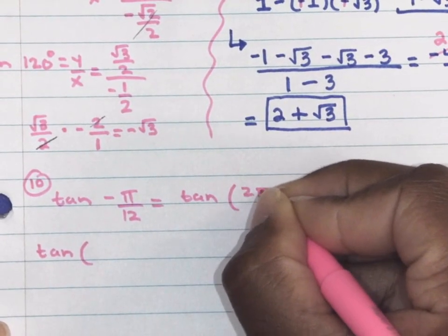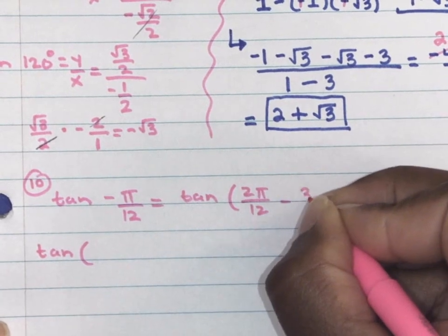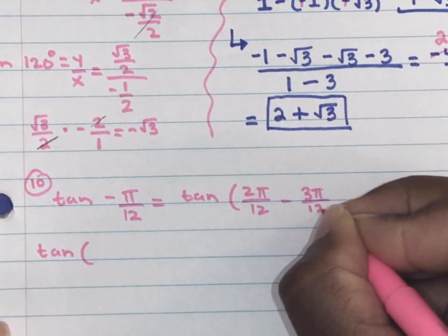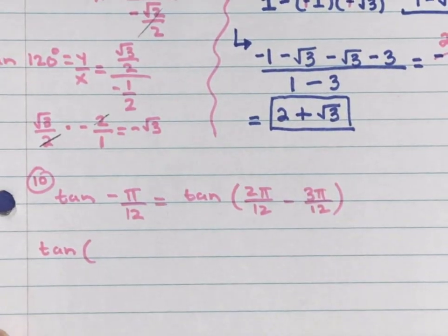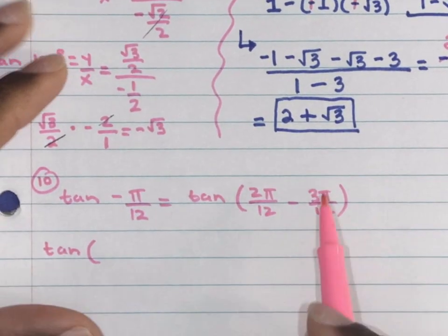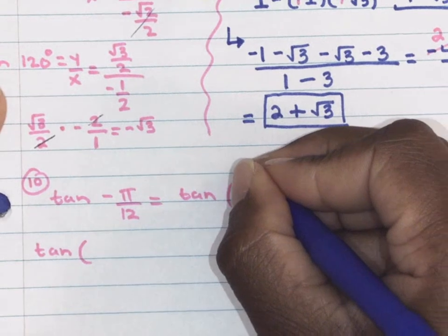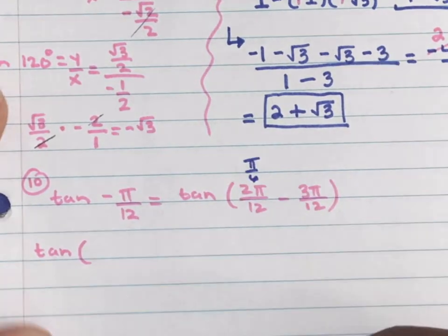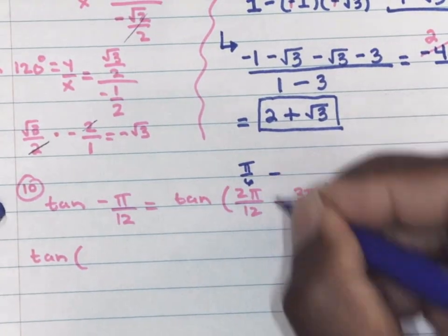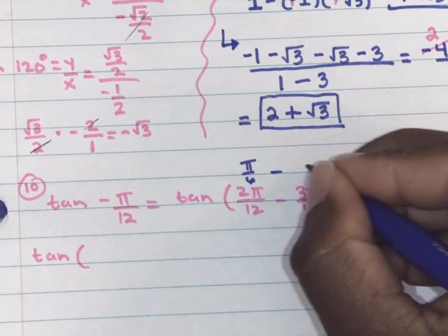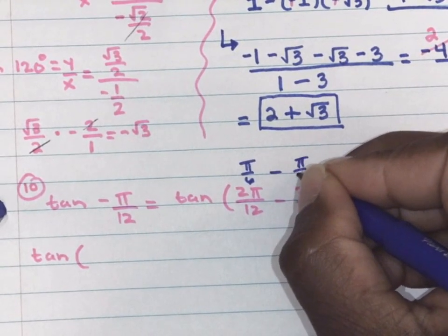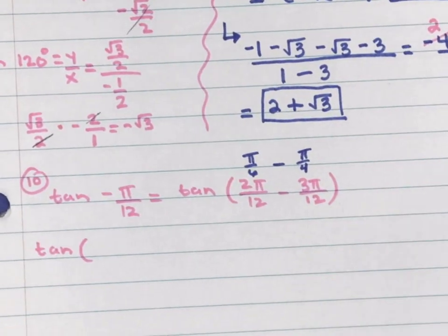Tangent of 2π/12 minus 3π/12, I'll get that -π/12. So what are these angles really? 2π/12 is really π/6, so that's a 30, minus 3π/12, which is really π/4, so that's a 45.